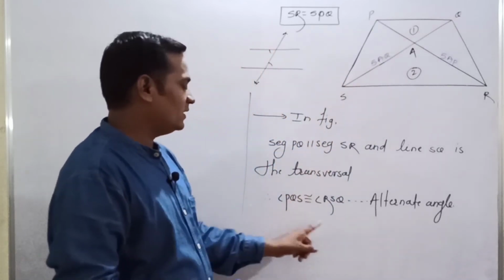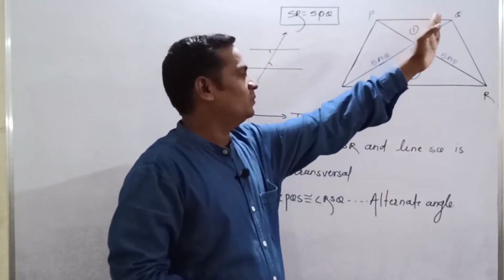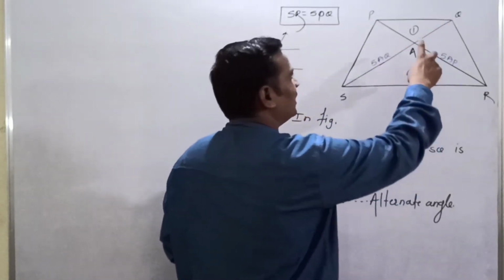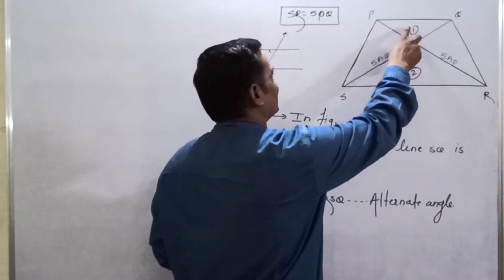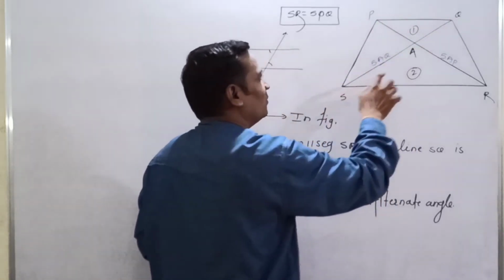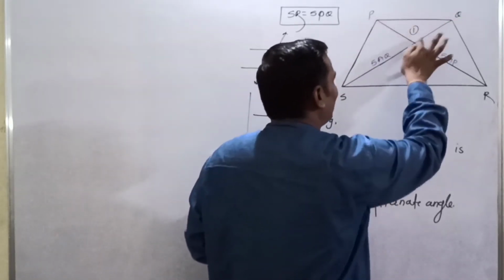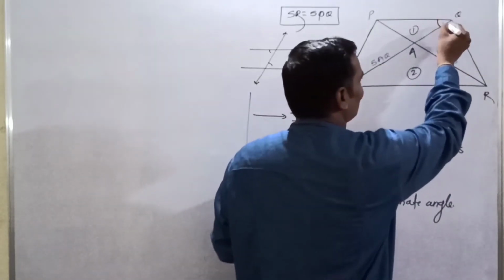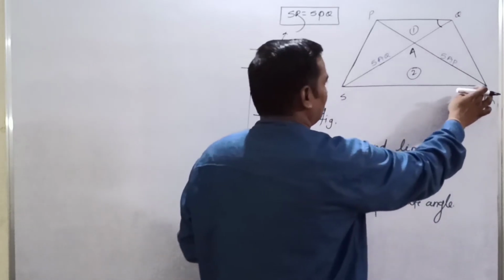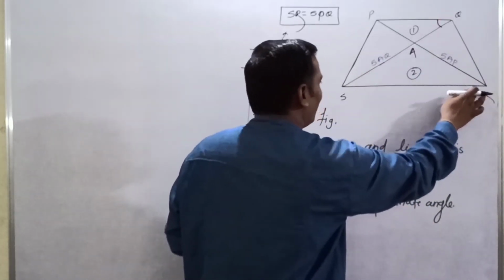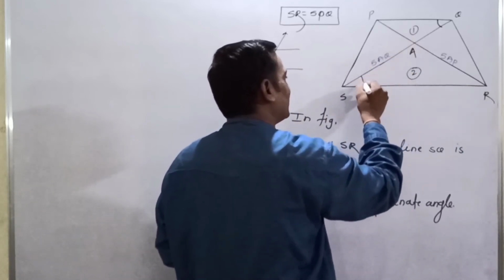PQS is congruent to angle RSQ. As these three points are collinear and we are going to take these two triangles, we don't want PQS, we just want PQA, this angle. Again here, instead of RSQ we just want RSA, this angle.